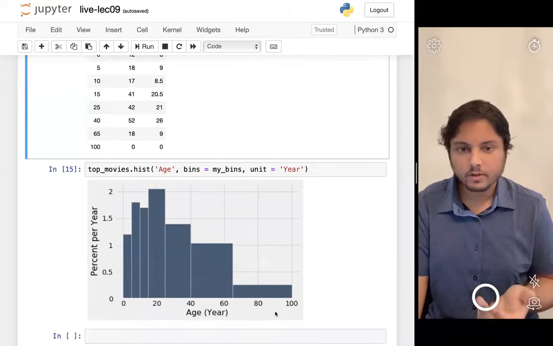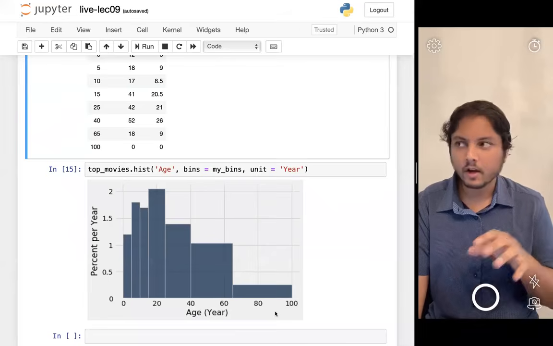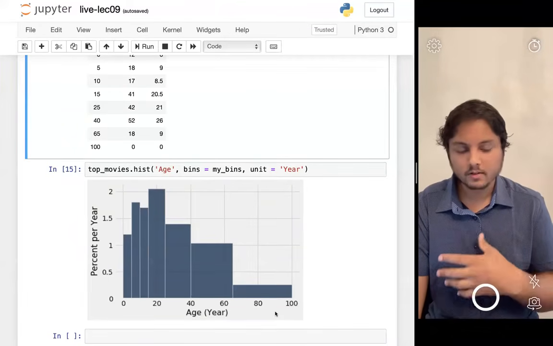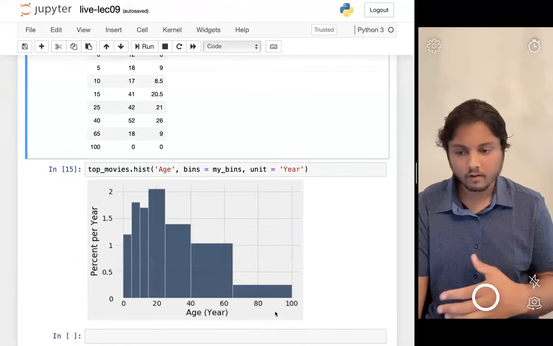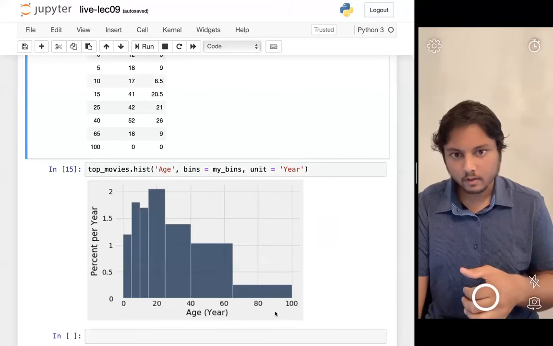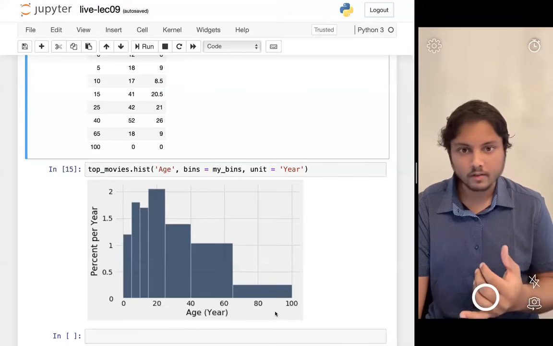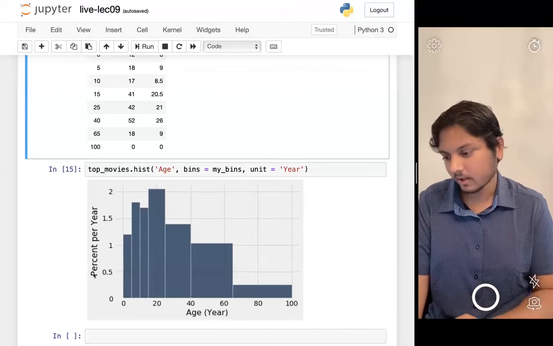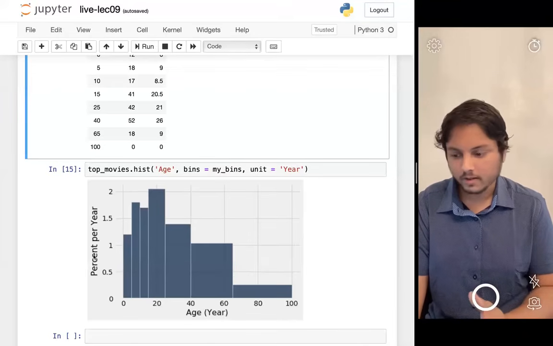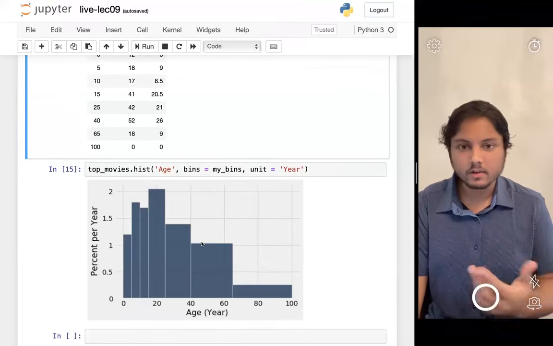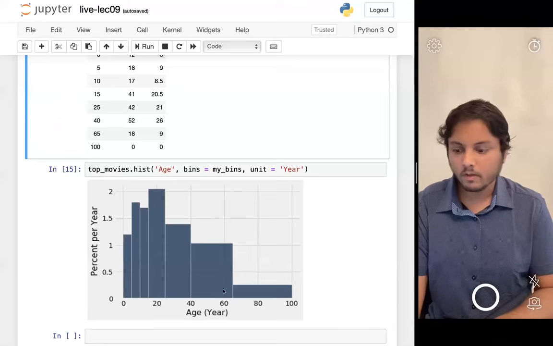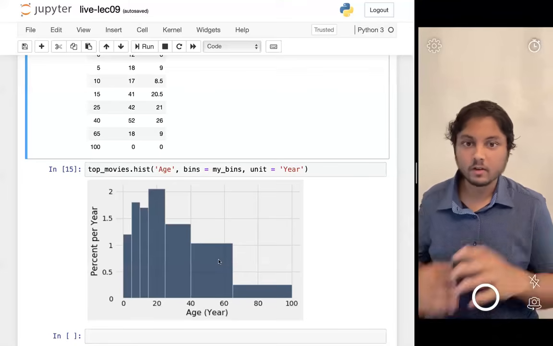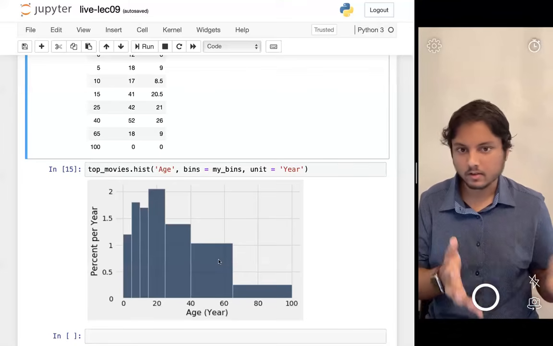The next question was, the area of each bin represents the percent of data that's there, and the width of each bin tells us the range of the data that bin is talking about. But what does the height represent? You see this unit here, percent per year. Why is it percent per year on that axis? We know the area needs to have a unit of percent, because the area is the percent of the data.